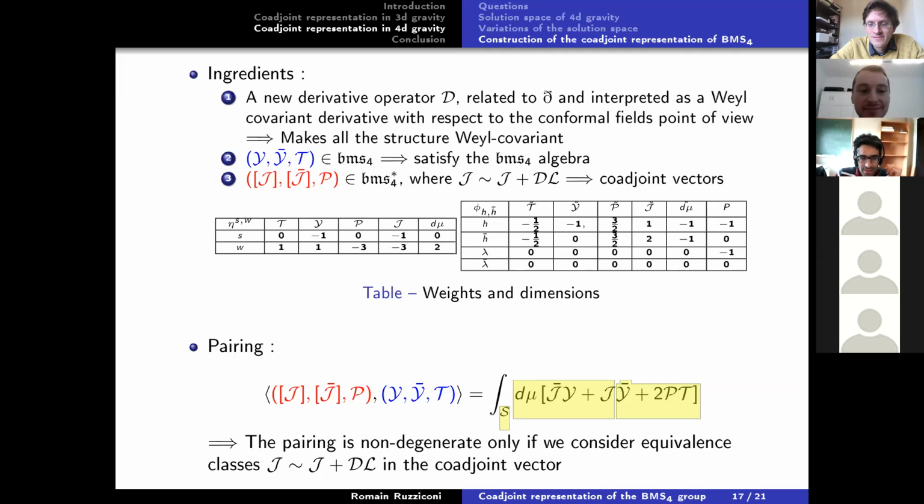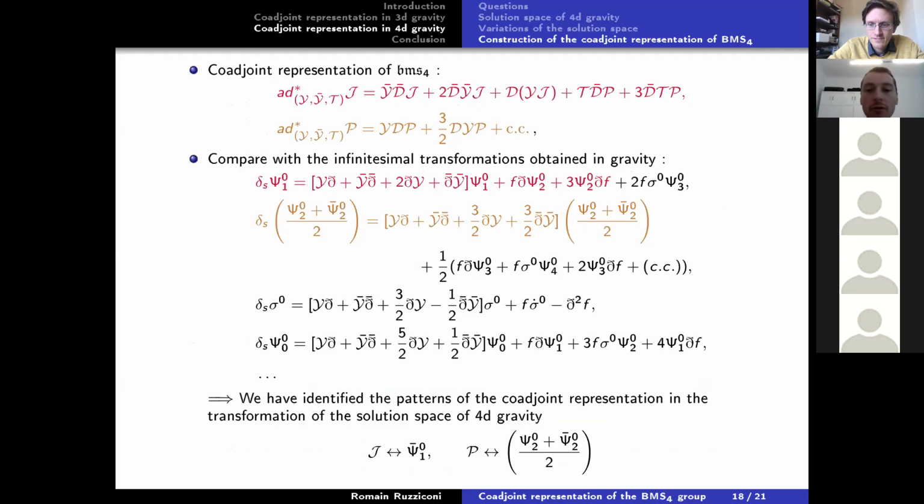Hi again. I was just wondering if you had any result. I mean, do you know the other sectors? They also transform in a representation, I guess. Do you have any insight about which representation it is? Well, so the representation at the level of the solution space is well controlled.